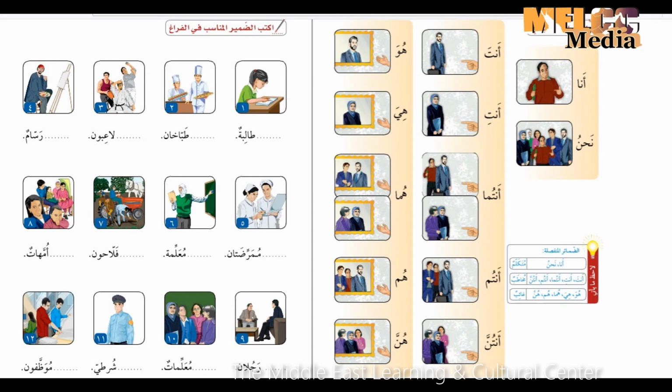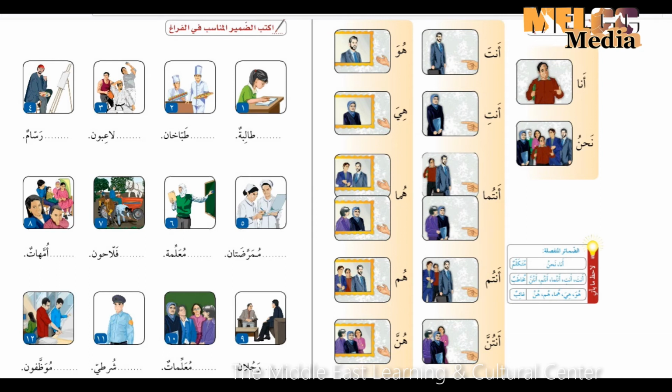So I am or we are, I or we, straightforward, right? The first one is أنا, the second one is نحن. Okay, that was the first person.